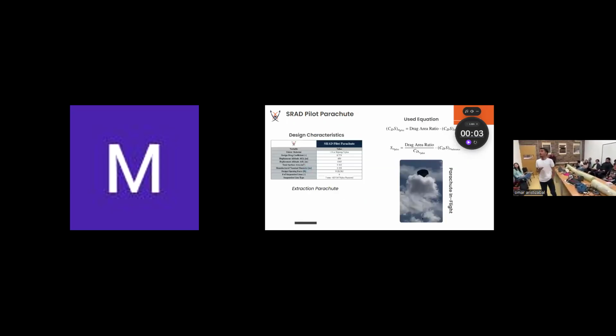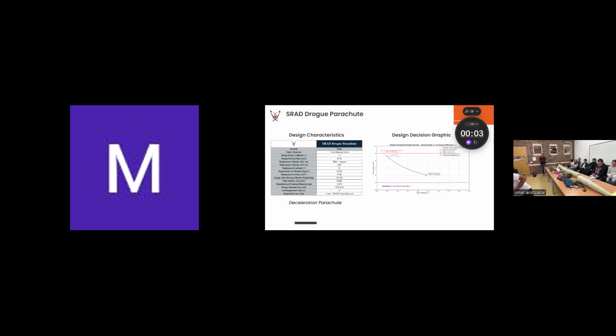Okay. And I gave you, just to make a little note, at the beginning of the meeting, some values of diameter and descent rates for the CUTS parachutes. For the SRAT parachutes, we are still meeting the requirements. So for the case of the drop SRAT parachute, we are obtaining a minimum descent rate of 25.16 meters per second.